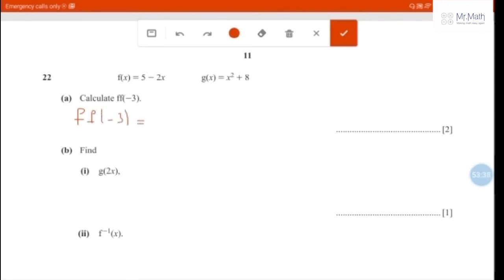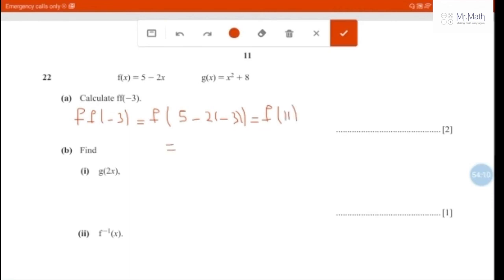So what's f of negative 3? f of negative 3 is found by substituting x equals negative 3 into the function f of x. So it becomes 5 minus 2 times minus 3. So it is f of 5, and minus 2 times minus 3 is positive 6. So it's 5 plus 6, which is 11.